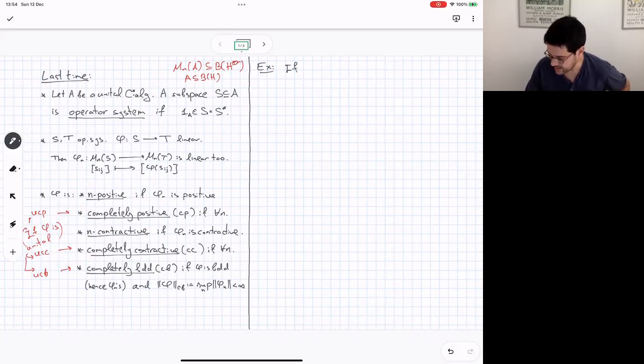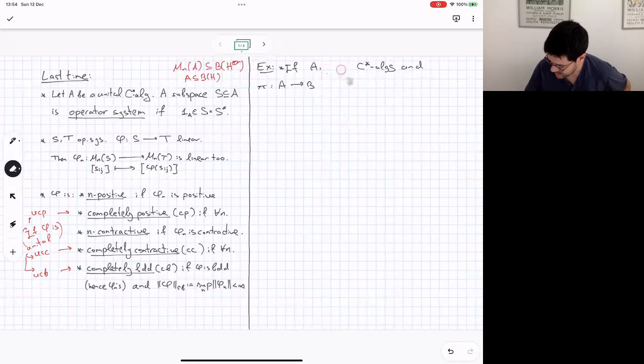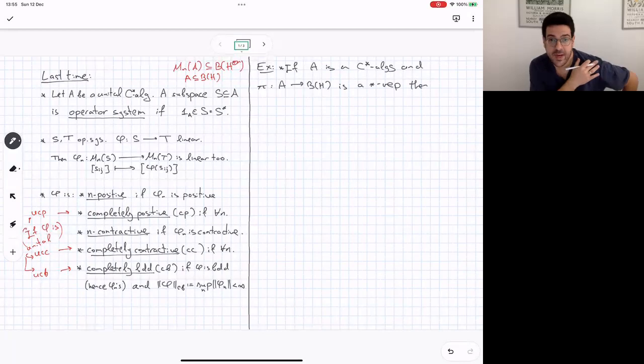If A is a C-star algebra, and pi from A to B(H) is a star representation, then I claim that pi is positive.